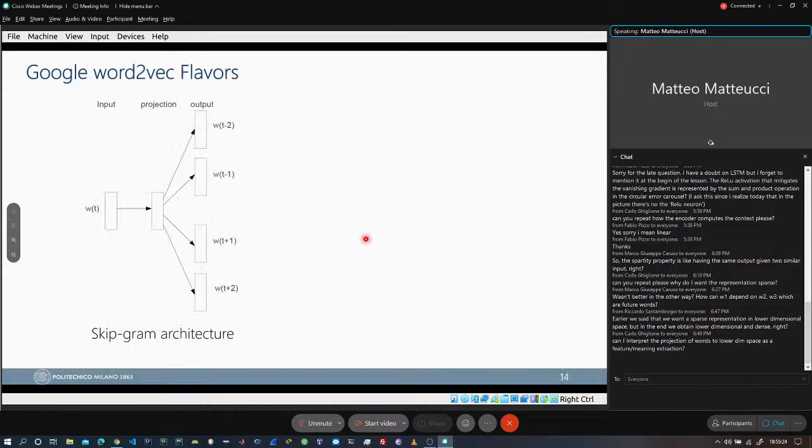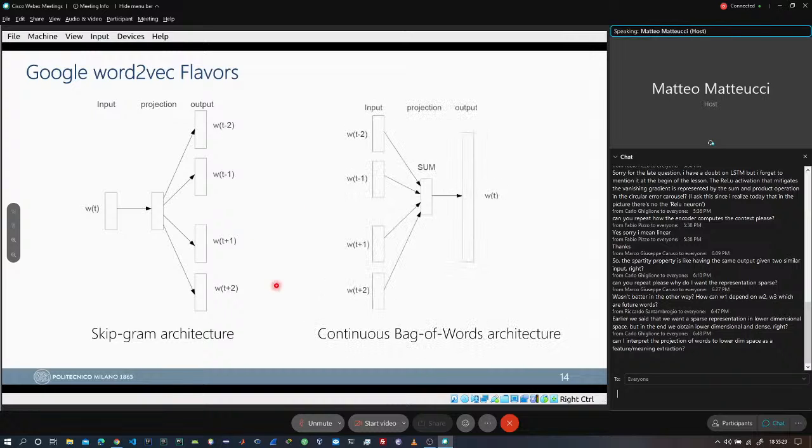So the model basically can be written in two ways. One is called skipgram, which is basically taking a word, then applying the projection. So this is R^N, and it goes to R^M, which is small.